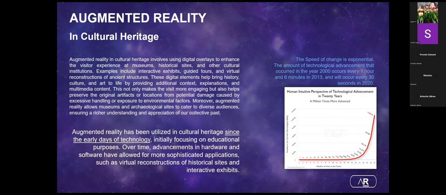These digital elements can help bring history, culture, and art to life by providing additional context, explanations, and multimedia content. This not only makes the visit more engaging, but also helps preserve the original artifacts or locations from potential damage caused by excessive handling or exposure to environmental factors.